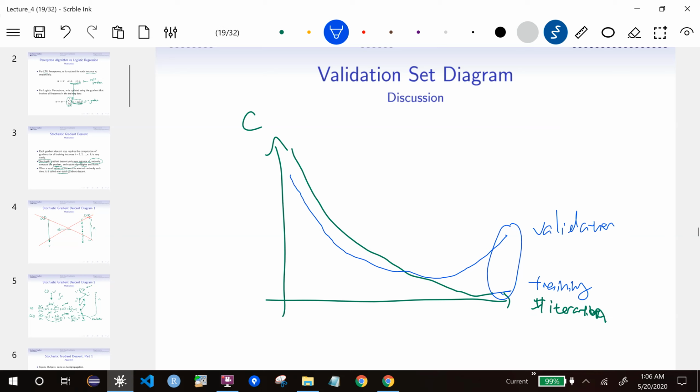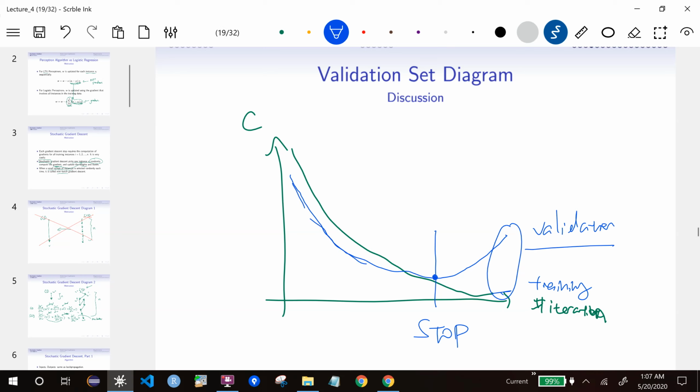So what we can do here, obviously, is stop early. If we stop when the validation set cost begins to increase, then it performs well on the validation set as well as the training set. So if we stop here, the result might be more general because at least it has a low cost.